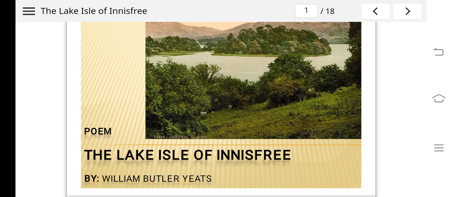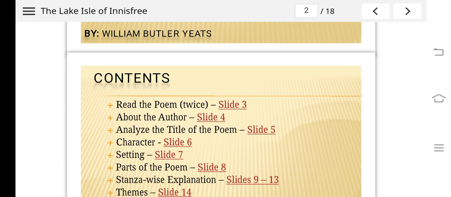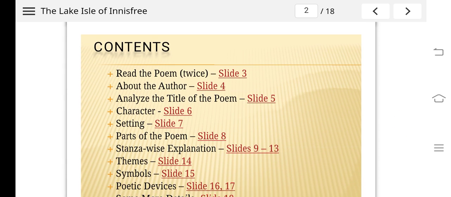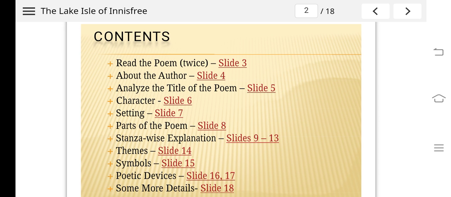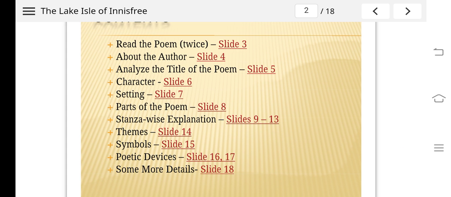So in the first part of the video we have read till the first stanza, and the things we discussed were these. There were three slides. We read the poem twice, and we read about the author in the fourth slide. We analyzed the title of the poem in the fifth slide, and the characters, the narrator himself, William Butler Yeats, and we have seen the settings, that was Ireland.